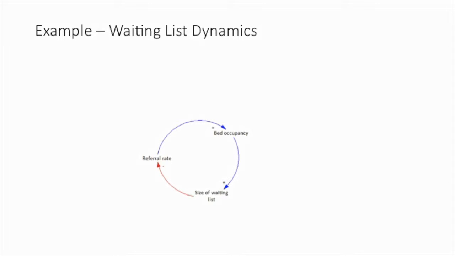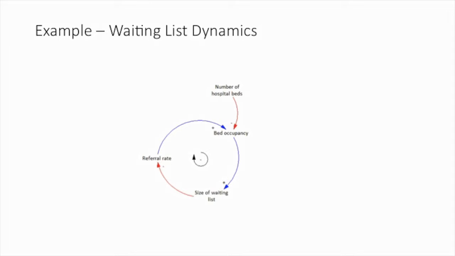The occupancy influences the overall size of the waiting list, and the size of the waiting list, in turn, might then start to influence the referral rate, whereby GPs might respond to that. So overall, we might think of this as a traditional sort of queuing system that we would model, whereby we've got a negative feedback loop in there.